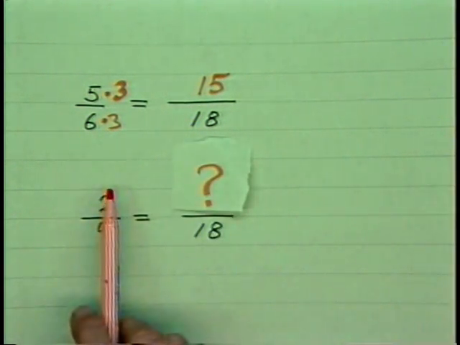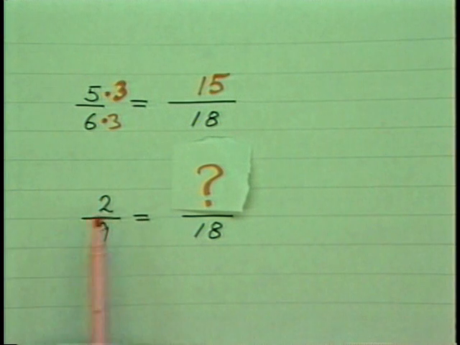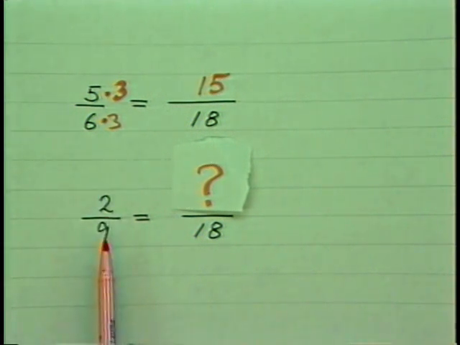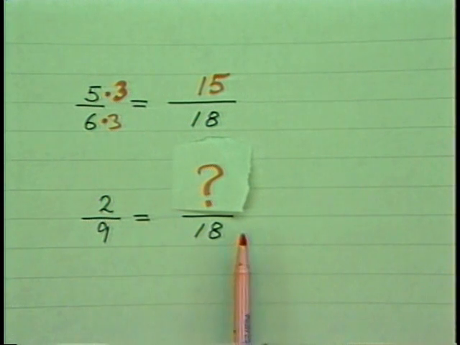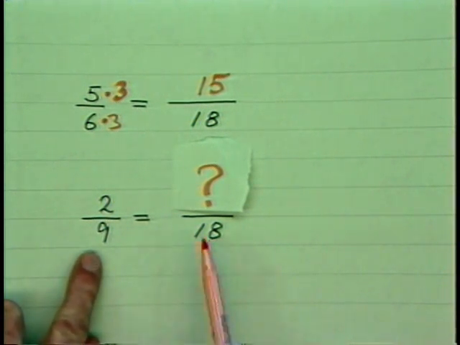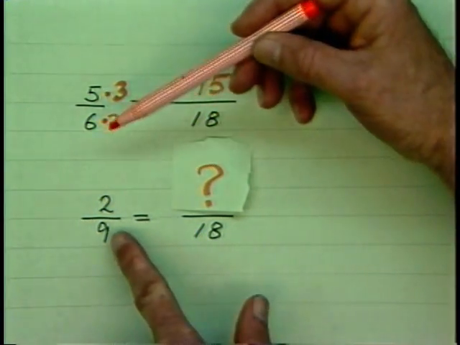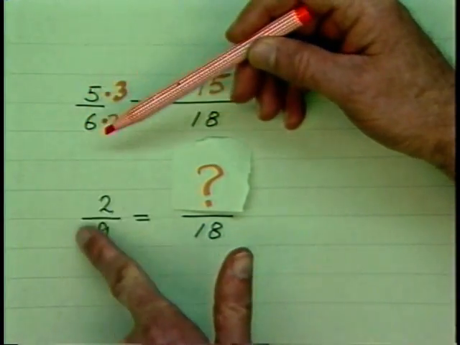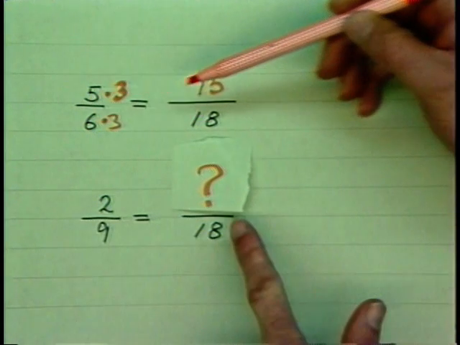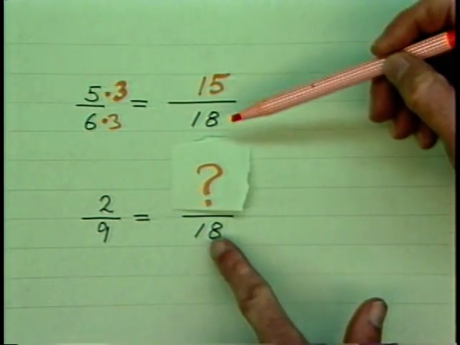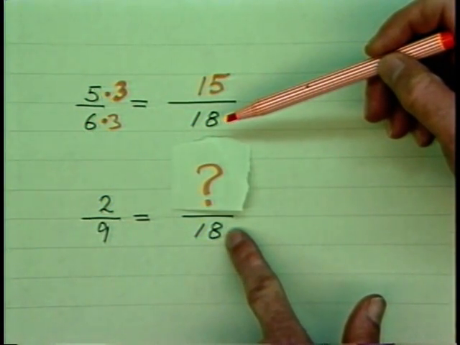Now, here is a different fraction. This fraction is not equal to that fraction. However, could I change it into an equivalent form so that it will have the same denominator as this one up here? That is, can I change both of these, even though they're different fractions, into equivalent forms whose denominators will nevertheless be the same?